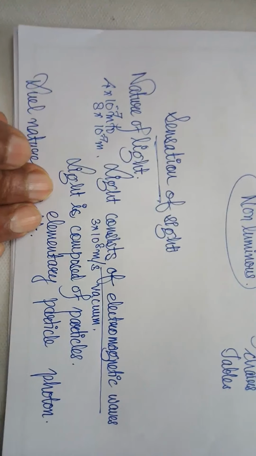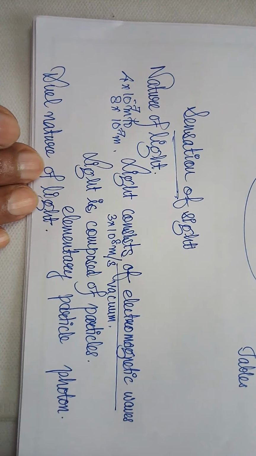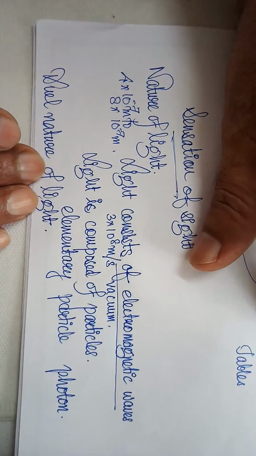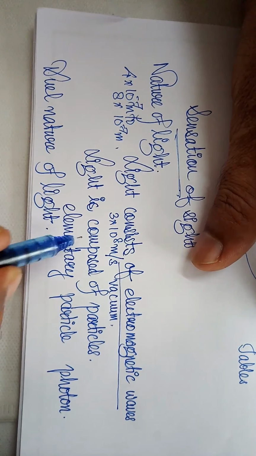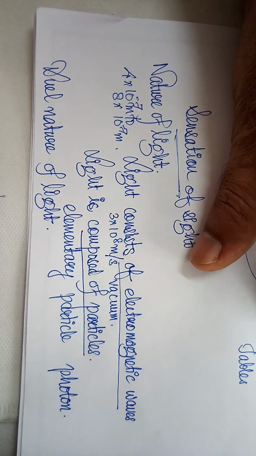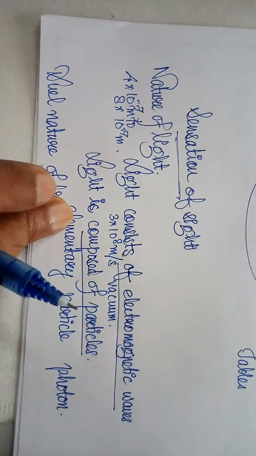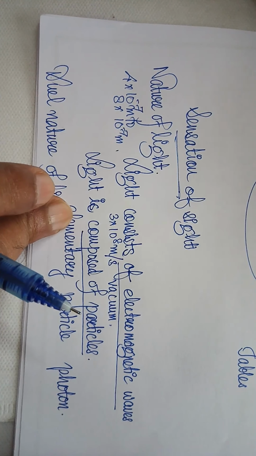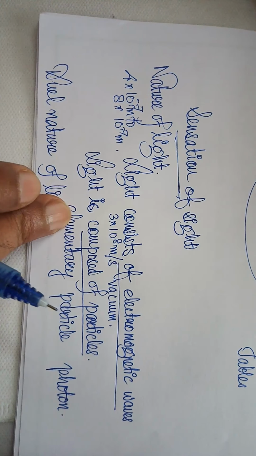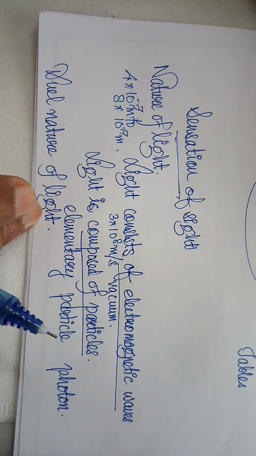According to the particle theory, light is composed of particles which travel in a straight line at a very high speed.